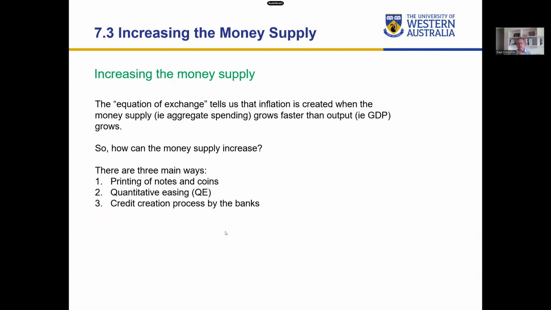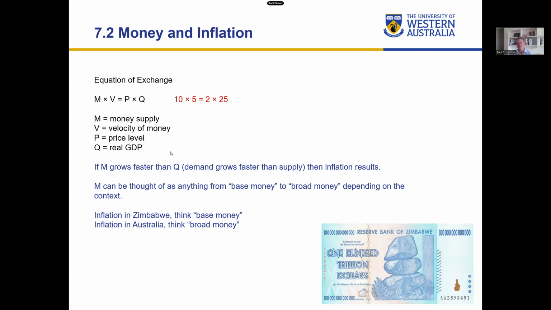Now, what we'll be talking about very, very soon is how the central bank can increase the money supply. So what we've got to figure out is how all of this is tied into monetary policy, how it's tied into QE, et cetera. You may have seen this equation of exchange before, and you may have an appreciation that increases in the money supply do actually lead to increases in inflation.